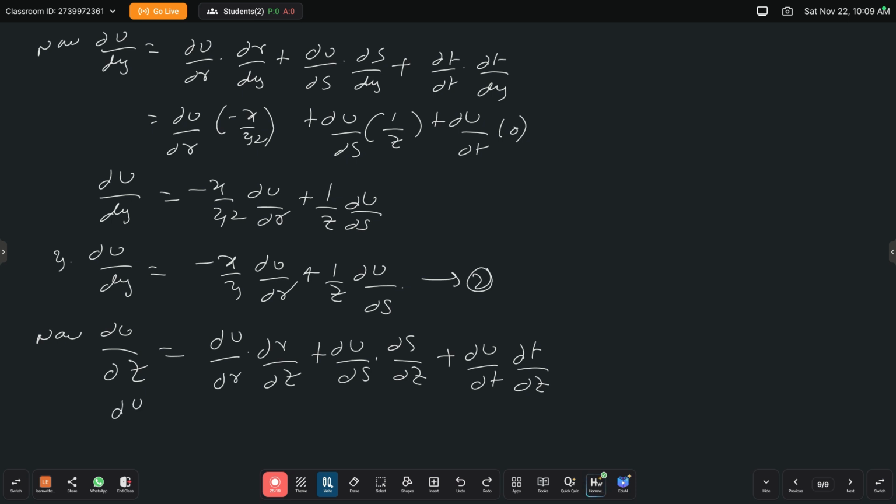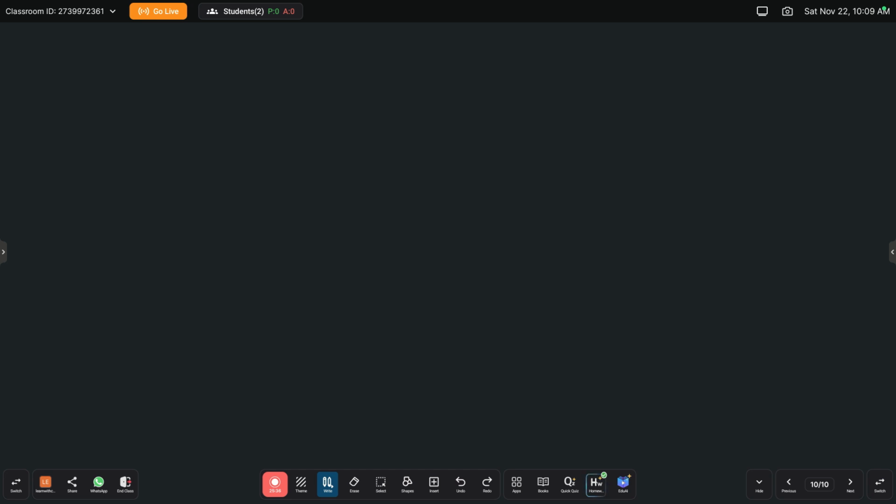Now the result is dou u by dou z equals minus y by z square dou u by dou s plus 1 by x into dou u by dou t. Okay. Now, therefore, z into dou u by dou z is equal to minus y by z dou u by dou s plus z by x dou u by dou t. That is equation 3.